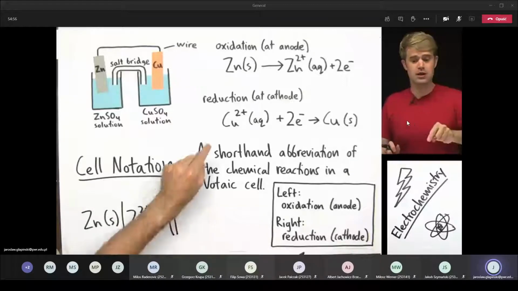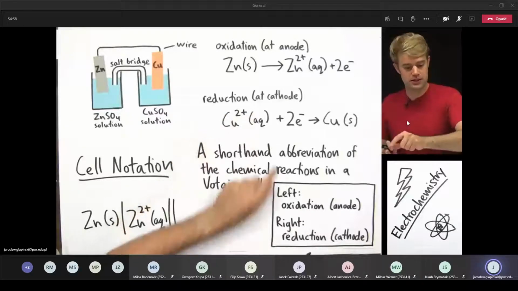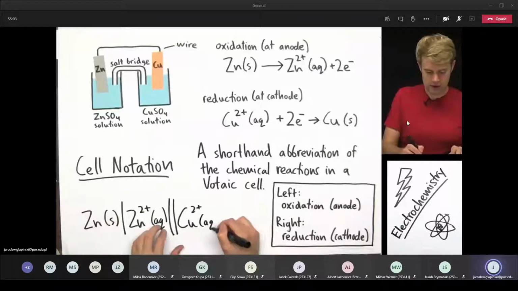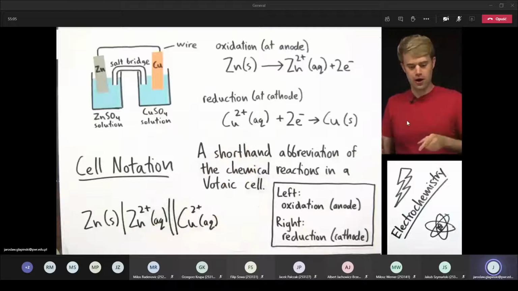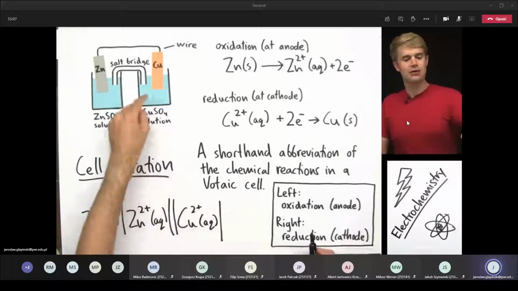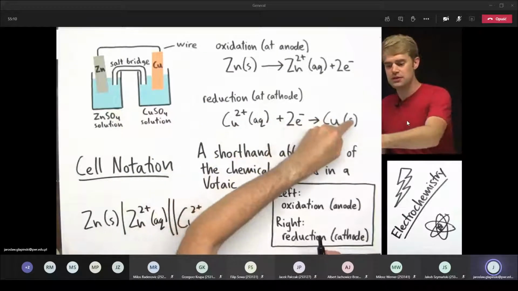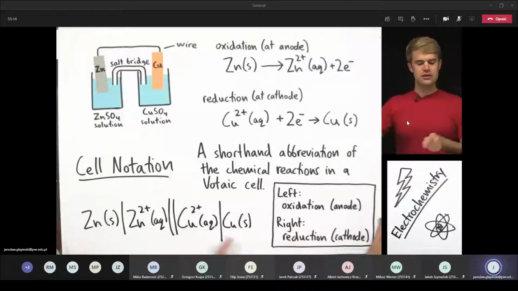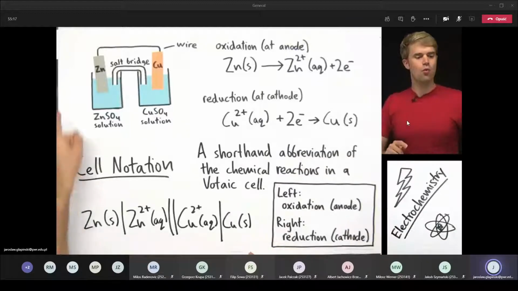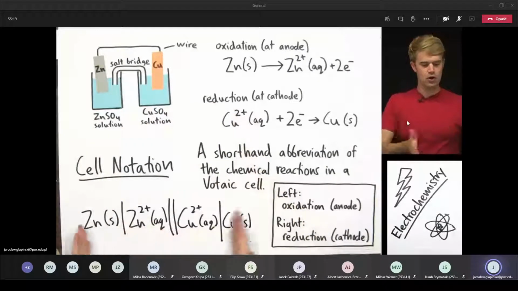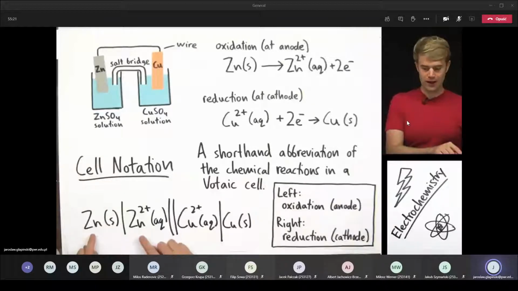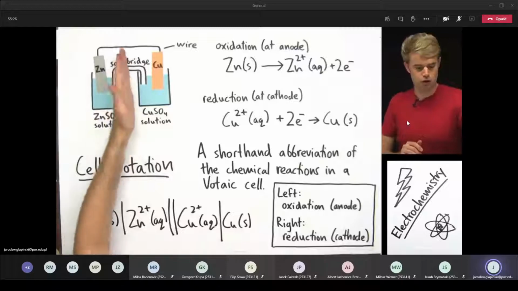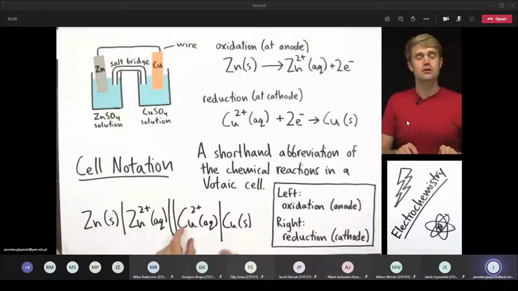The reduction process begins with Cu2+ aqueous, and then I will put another one of these lines, and the reduction process ends with Cu solid. So this is how we can sum up what's going on in this voltaic cell using cell notation. We have the oxidation process, then two lines showing the boundary, and then the reduction process.